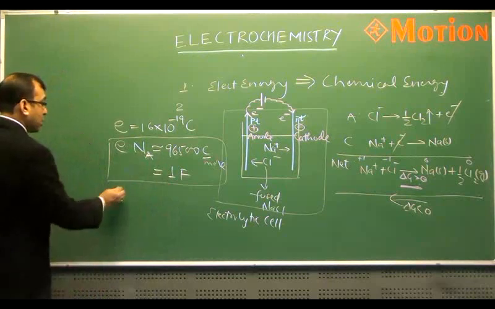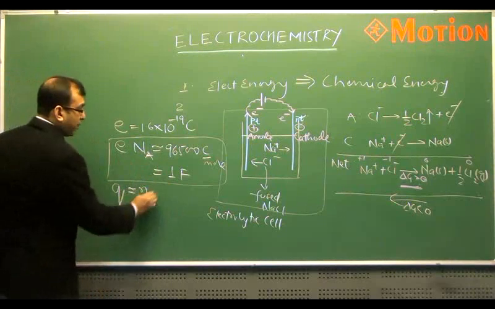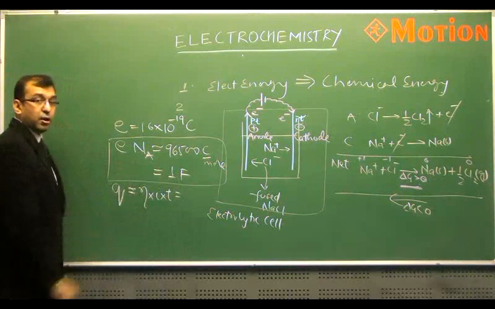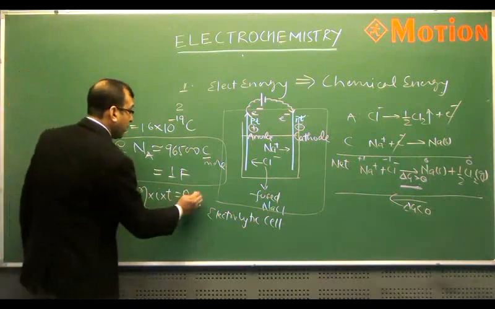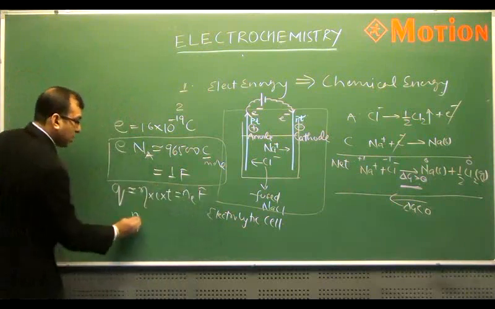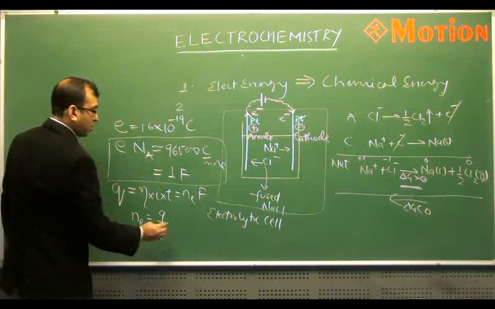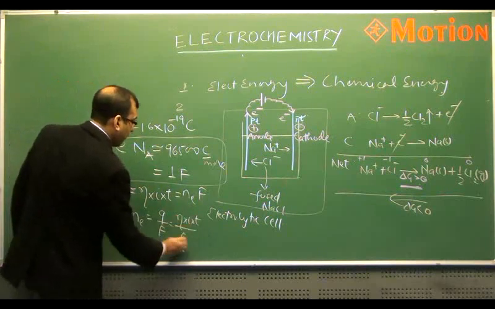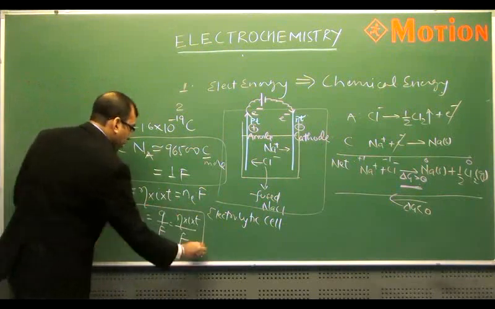So, the charge Q we know is current efficiency into I into T. On the other hand, on 1 mole it's 1 Faraday, on any mole it's that many Faraday. Hence the number of moles of electron can be obtained as charge over Faraday constant, or current efficiency into I into T over Faraday constant. It's a very important formula, everybody should remember.